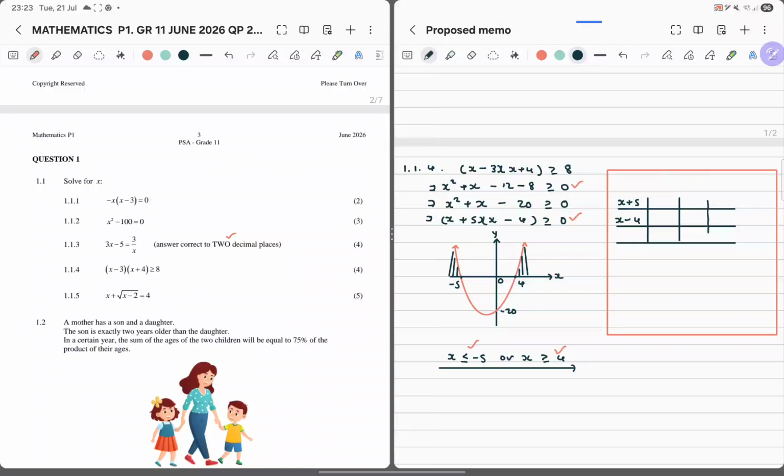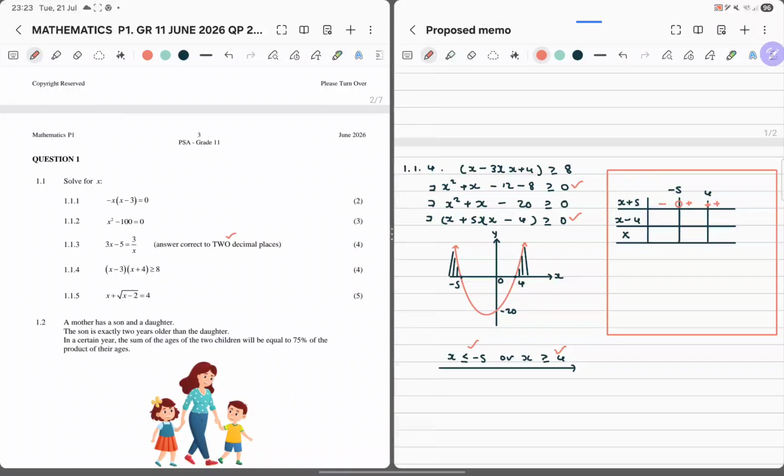Now we must place our critical solutions in ascending order. So the smallest -5 and then the +4. And of course here we're doing a product. So what are we doing? We check when is the first binomial factor going to give us 0 when x is -5. Now when x is greater than -5, what does this give us? A positive answer.